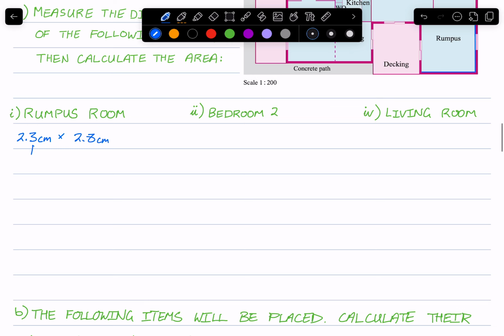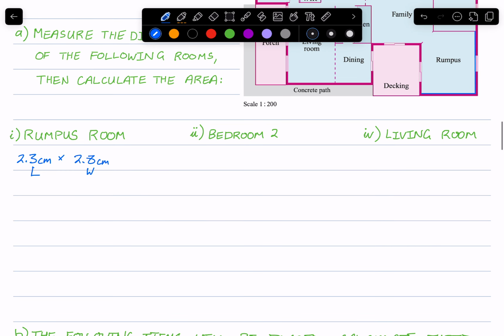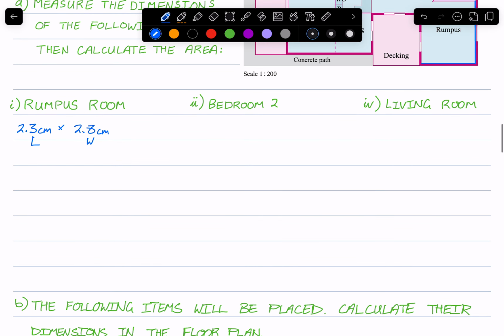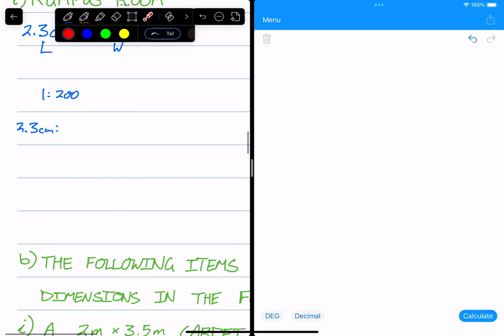Now it's just a matter of applying our scale to each of these measurements. Let's call this its length and its width, whichever you want to call it. Let's find the real length and the real width of this room. The scale is 1 is to 200, and remember, the one on the left is our map drawing or scale drawing. So 2.3 centimeters multiplied by 200, because we look at from 1 to become 2.3.